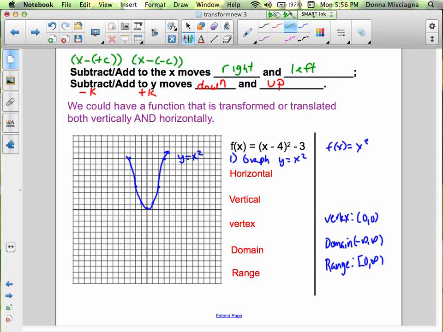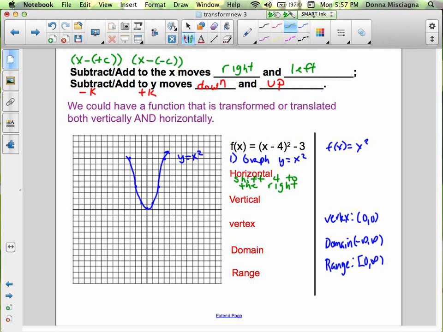So we are going to shift the graph 4 to the right.